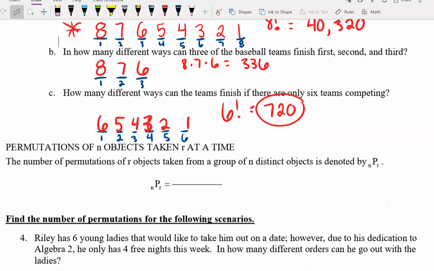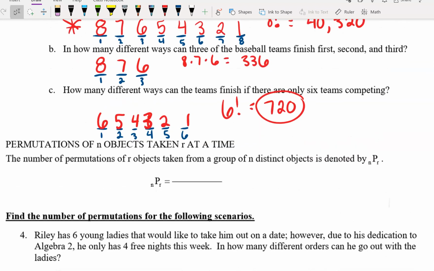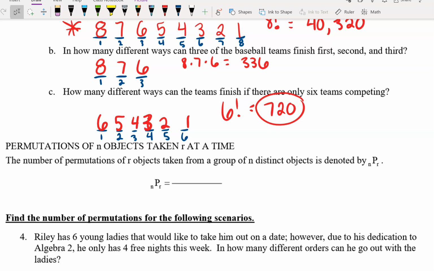So we can actually use a little formula for permutations that will help us out with those problems that we did above. The number of permutations of r objects from a group of n distinct objects is denoted by a subscript n, P, and then a subscript r.